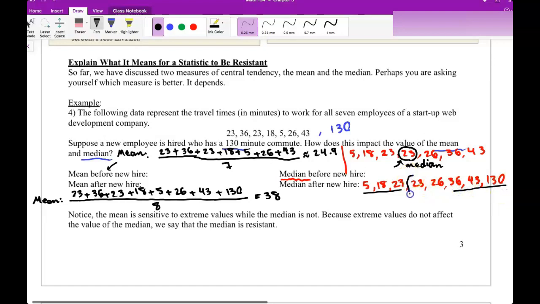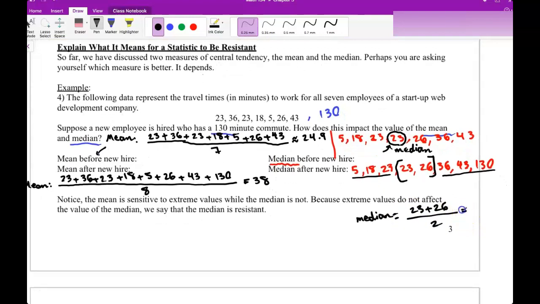What's left in between is 23, 26. So our median is 23 plus 26 divided by 2, that is 24.5.